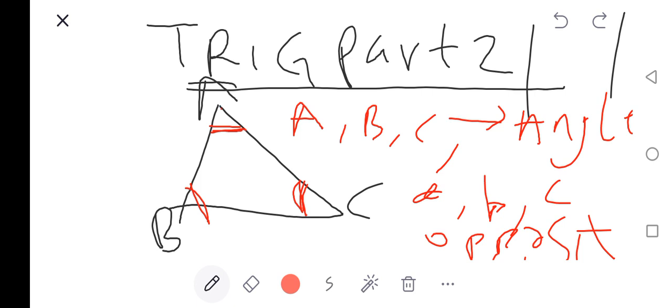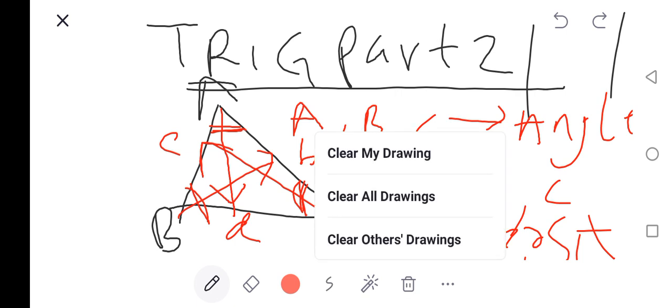So here is my A. The opposite here is my small a. The C opposite is my small c. The B opposite is my small b. You still remember, right? And then we had said trigonometry deals with finding the sides and angles of the triangle.